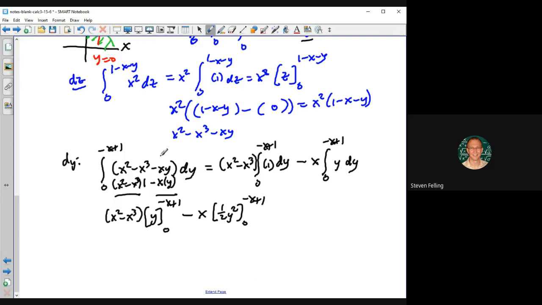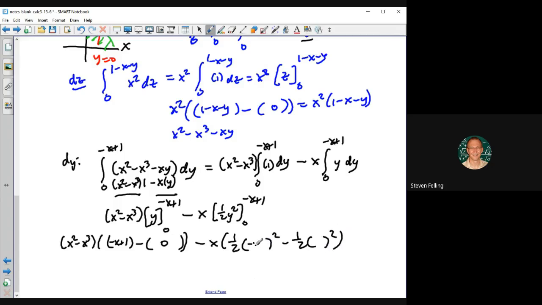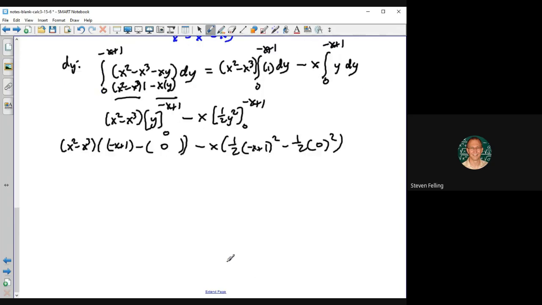We have two copies of each of these: we're going to plug in negative x plus 1 in one and 0 in the other.